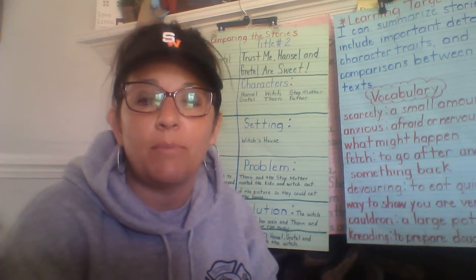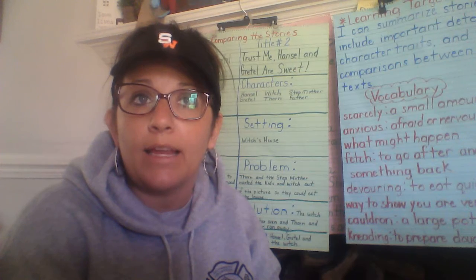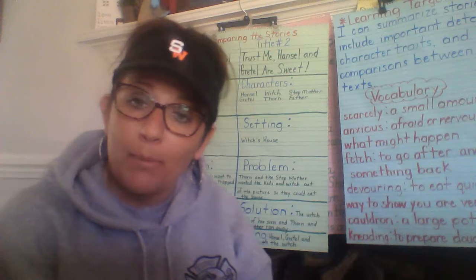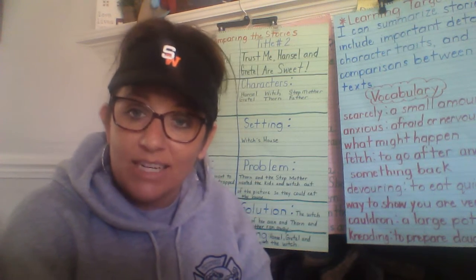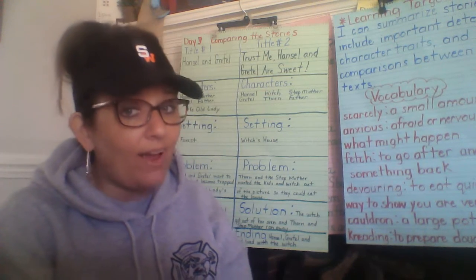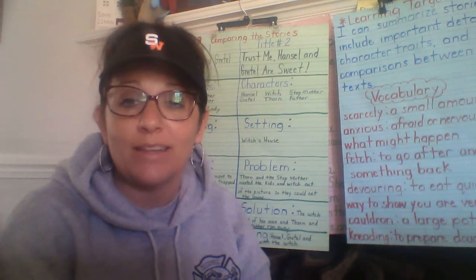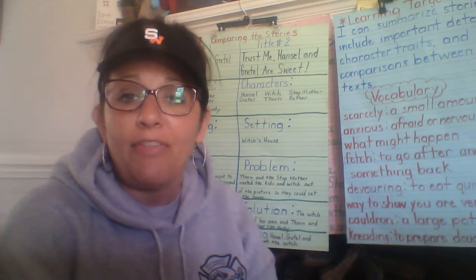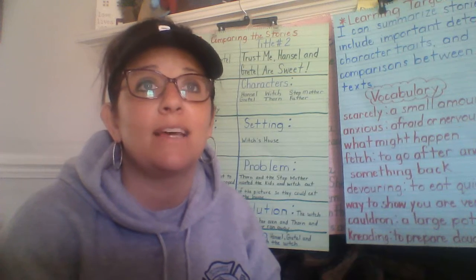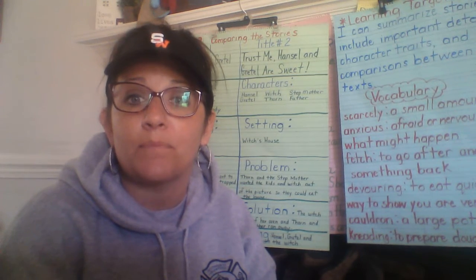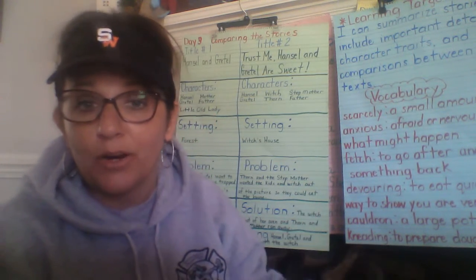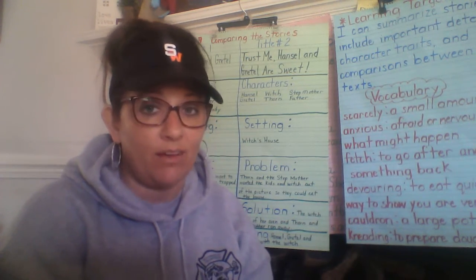Another example of them being clever would be when he was trapped and the old lady was trying to fatten him up and he knew that. So instead of sticking his finger out, he stuck out a bone so she wouldn't think he was getting fat. So I think that's clever. That's using your mind. That's using your brains. And then the third idea that I came up with from the text is when Gretel tricked the little old lady into showing her how to see if the oven was ready.